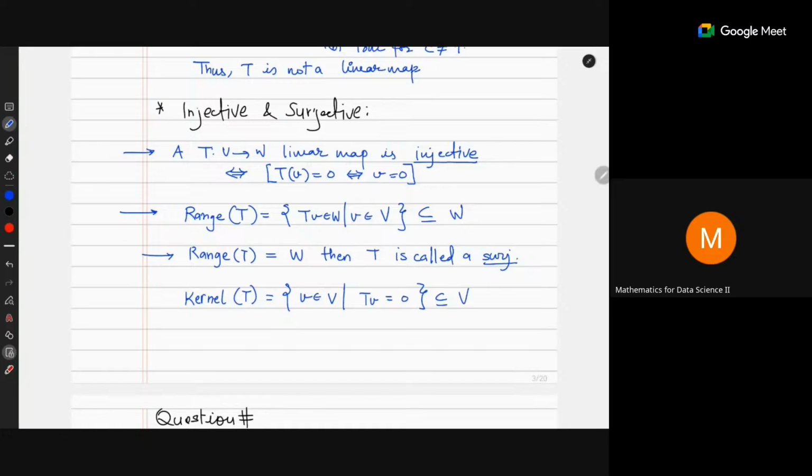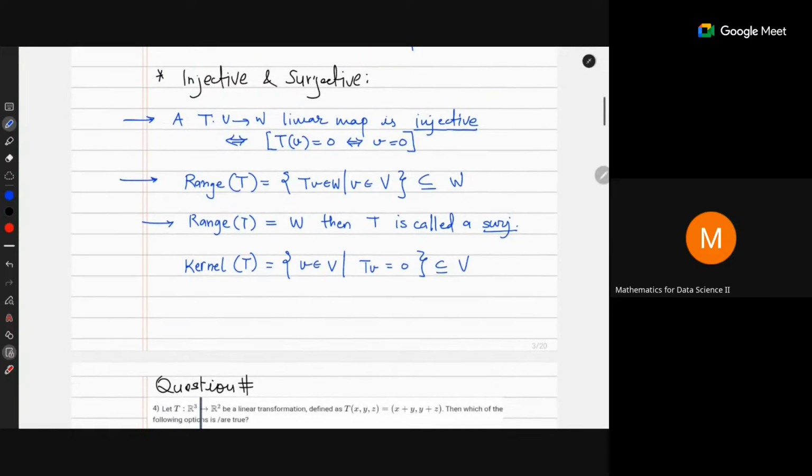It is a subspace of V. And from this definition itself, from this equivalent condition, we know that T is an injective map if and only if kernel of T is the zero subset.